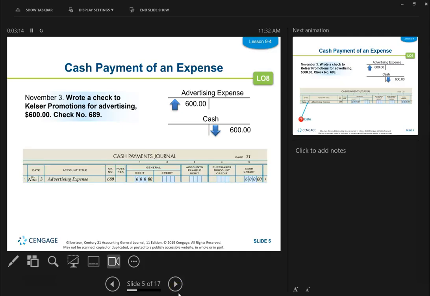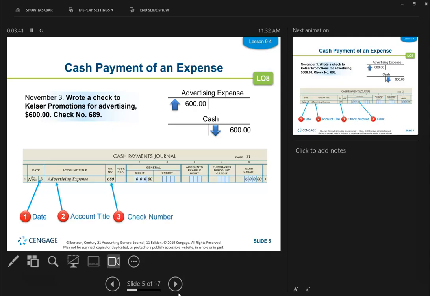The debit goes into that general column and the credit goes into cash. Whenever you're paying cash, it's going to be a credit to cash. And obviously the corresponding other half of our transaction needs to be a debit somewhere. Since it's definitely not accounts payable, it's going to go in the general debit. Does that feel okay?